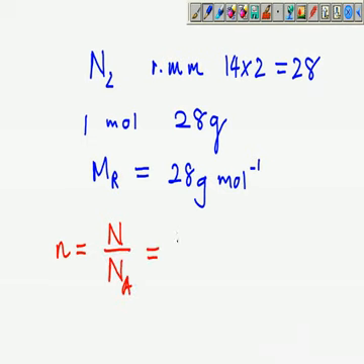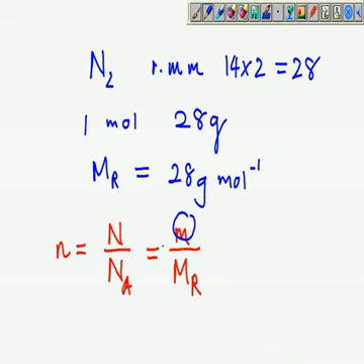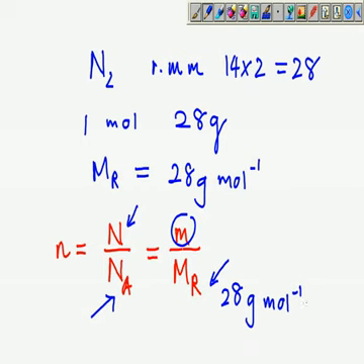Number of mole can also be actual mass over standard mass. My main aim is to find the actual mass. Now I have this information, which is given in the question, and this one is 28 gram per mole. The number of particles given is 6.02 times 10 power 24.